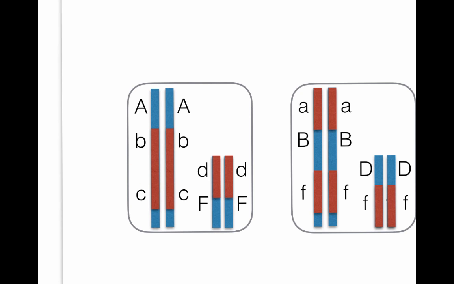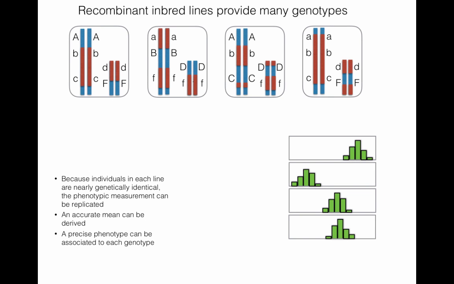Knowing what we have, and assuming that the A locus and the F locus are responsible for the trait, we can calculate the contribution of these loci in each genotype and derive the expected distribution.